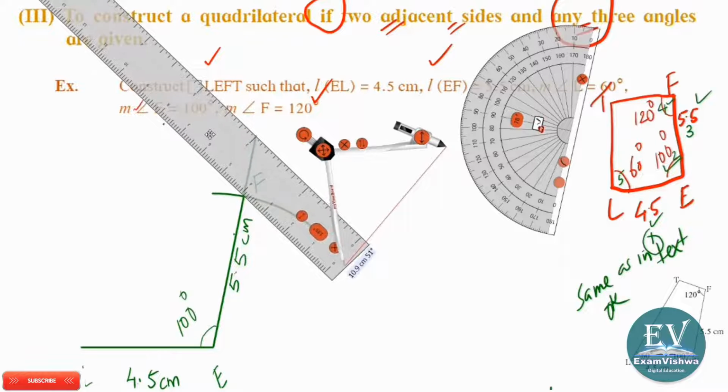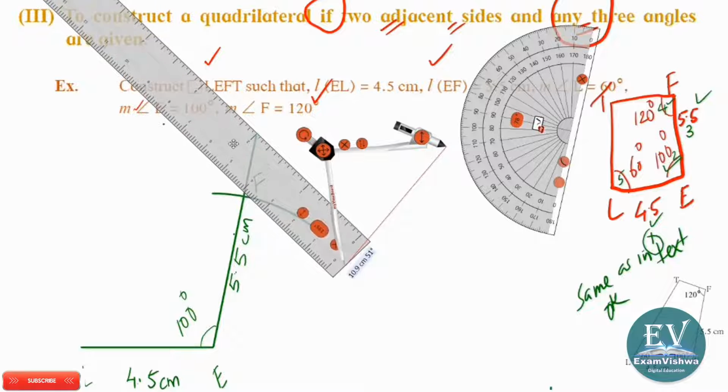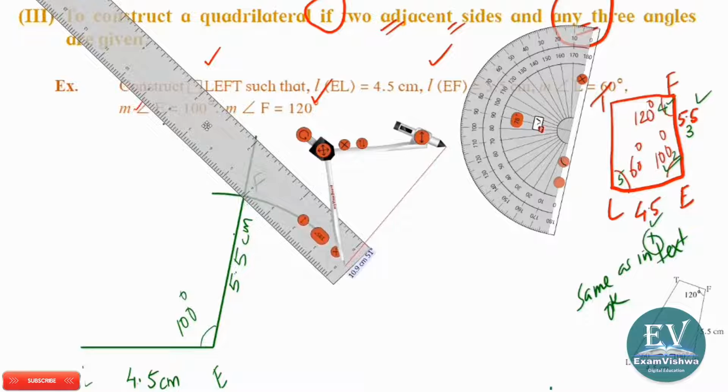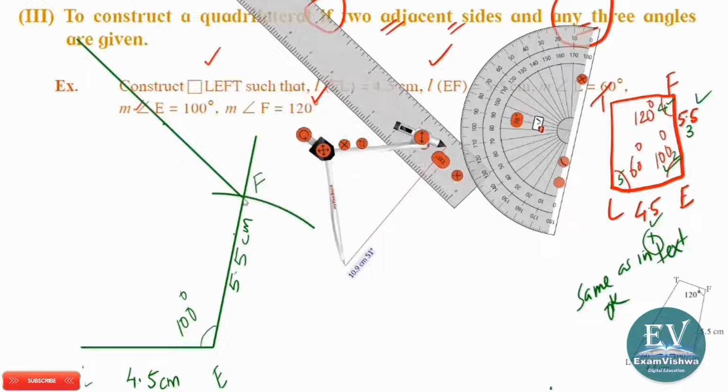Let it be. It is the side FT. We don't know the length required. This is FT, and we need to draw 60 degree at L now, so that the construction will get over.